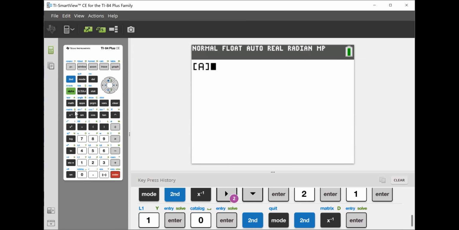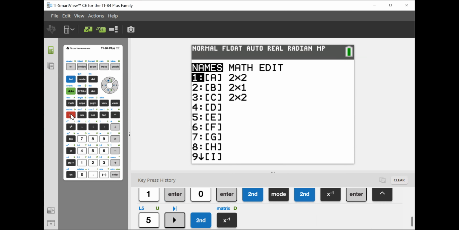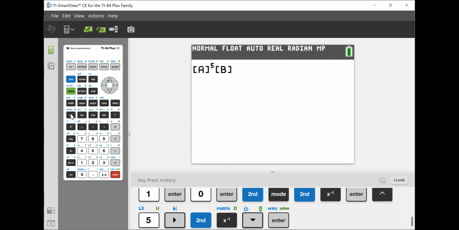So we'll take this matrix A. There's no special button for a matrix power. We raise it to the 5th like it was a number. We multiply it by the initial probability distribution. And we get that. Up to 3 decimal places, 0.995.